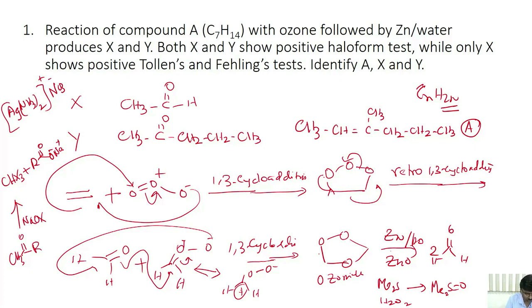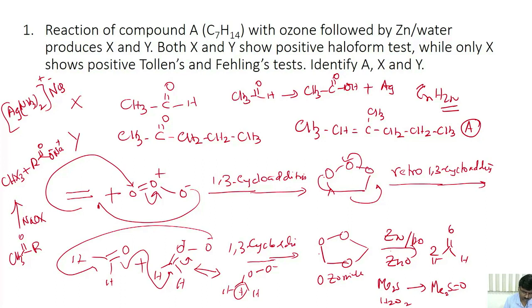When you react it with an aldehyde, the aldehyde will be oxidized to carboxylic acid. For example, when you react with acetaldehyde, it will be oxidized to acetic acid, and silver 1 will be reduced to silver 0. So you have to use two equivalents of Tollens reagent. This we often use to find out the presence of a functional group in the molecule. This is used for the determination of the aldehyde functional group.